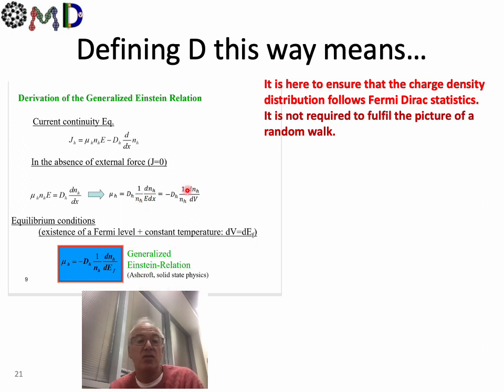And the only reason it's there is to make sure that the charge density would follow the Fermi-Dirac statistics. Of course, if the density is low, then all you need is the Boltzmann approximation, and that is good enough. But this is a different perspective relative to the random walk, which is often more popular in physics papers.